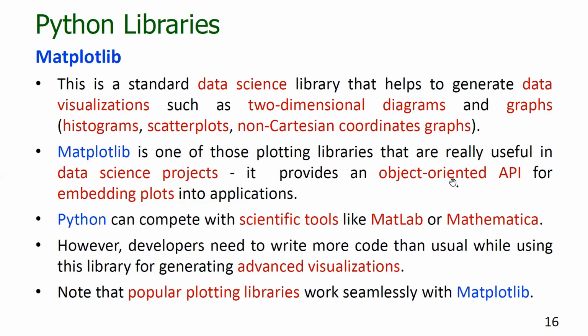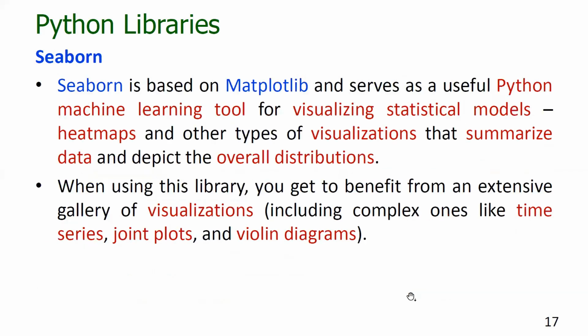It also provides an object-oriented API for embedding plots into applications. Python can compete with scientific tools like MATLAB or Mathematica. However, developers need to write more code than usual while using this library for generating advanced visualizations. Here, note that the popular plotting libraries work seamlessly with Matplotlib.